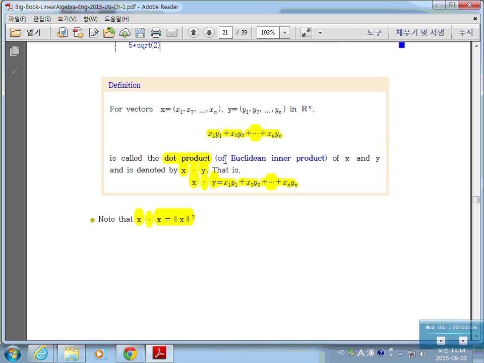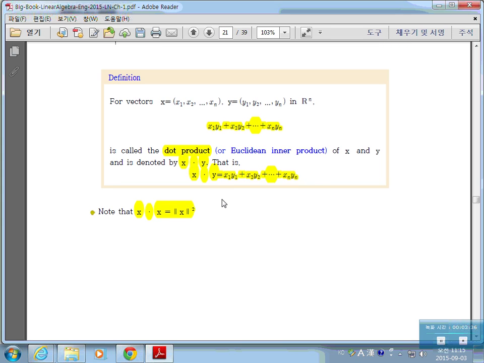The Euclidean inner product, or dot product, is defined in this way. Suppose we have two vectors x and y in Rn. Then x1 y1 plus x2 y2 plus up to xn yn is called the dot product or Euclidean inner product. It's a very simple form of a general inner product, just one simple example. So we call it the Euclidean inner product, and we denote it as x dot y.